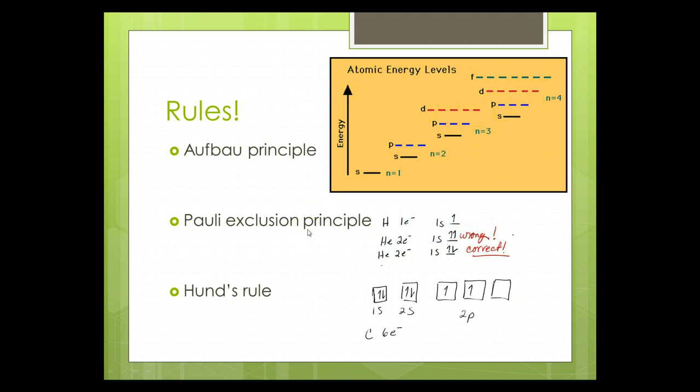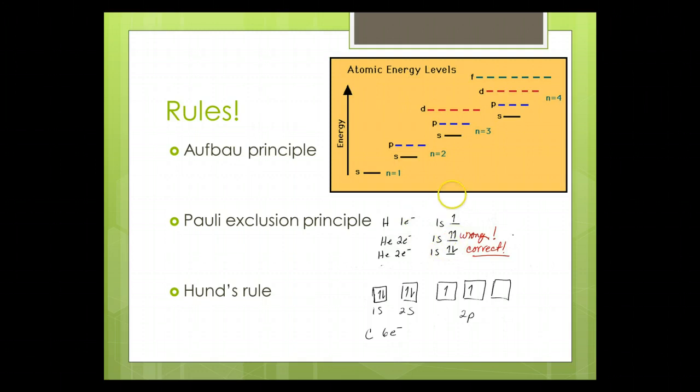Pauli exclusion principle says that no 2 electrons can have all the same quantum numbers. That means if I have 2 electrons in the 1s orbital, like I'm showing here, they have to have different spins. I'm denoting the spin by an up arrow or a down arrow for plus 1/2 and minus 1/2 respectively.